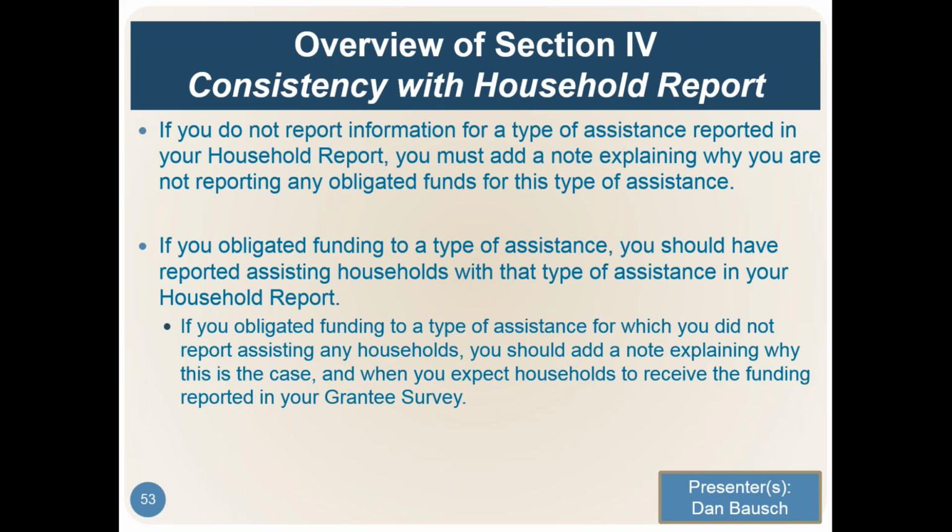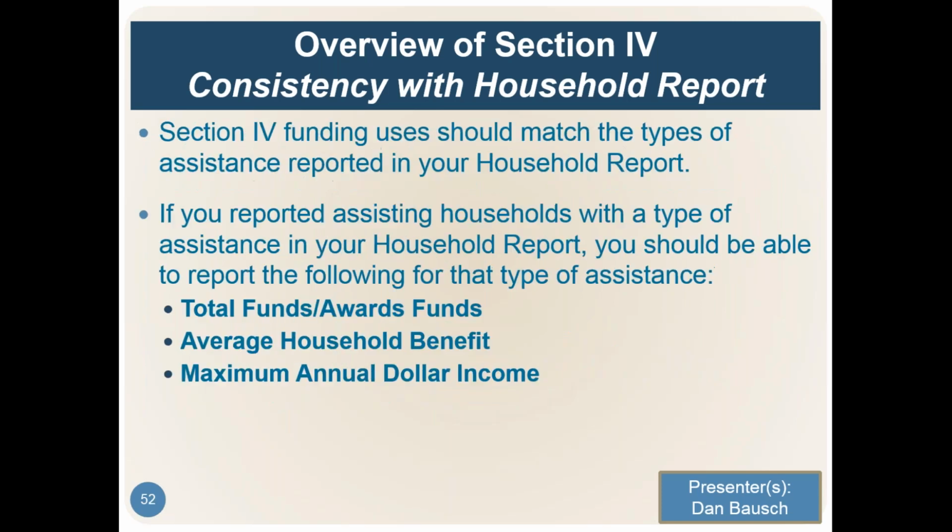Can you go one more slide back? When you start to get into this data about the total funds and award funds that were actually spent versus obligated, and the average household benefit in particular, it gets tricky because you're talking about funds that could have been obligated in 2017.